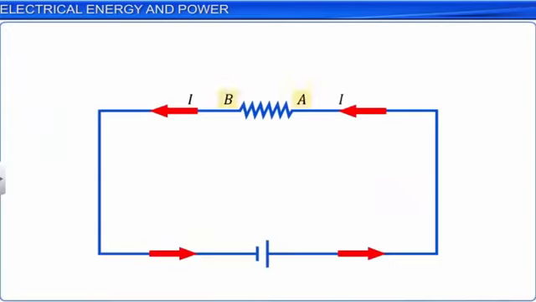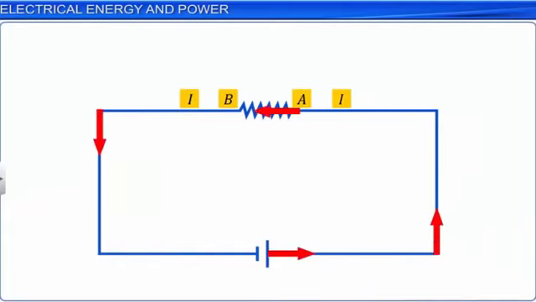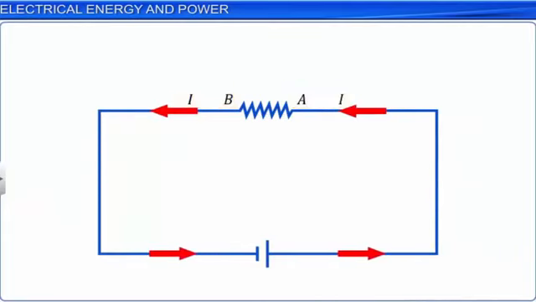Let's take a conductor AB in which a current I is flowing from A to B. The electric potential at point A is VA and at B it is VB.